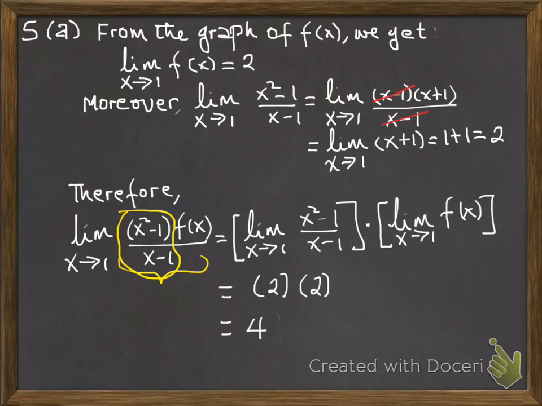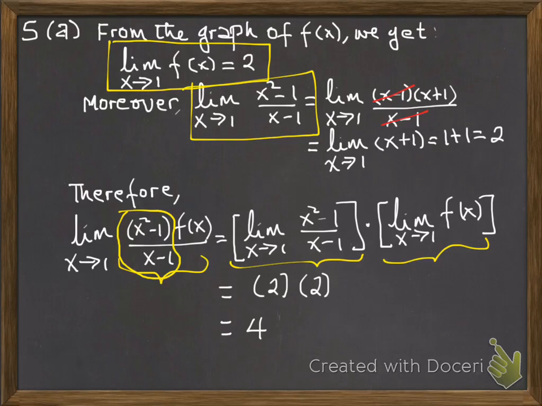Before we split, we have to make sure each limit exists. That's why, before I come to this step, I first compute the limit of this, which is obtained from the graph, and compute this limit using an algebraic technique.